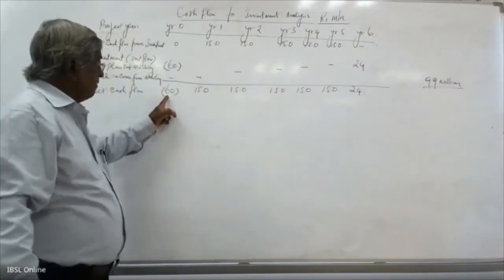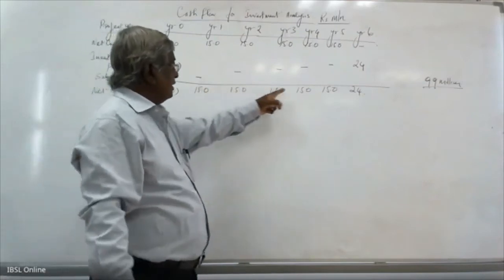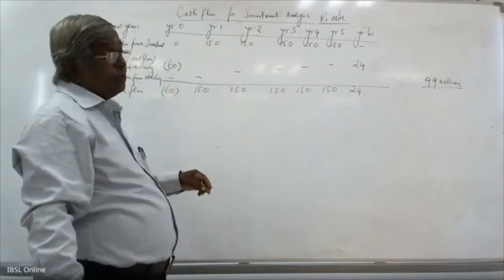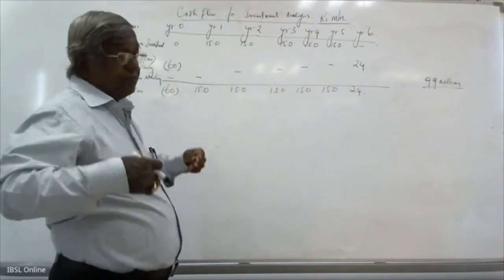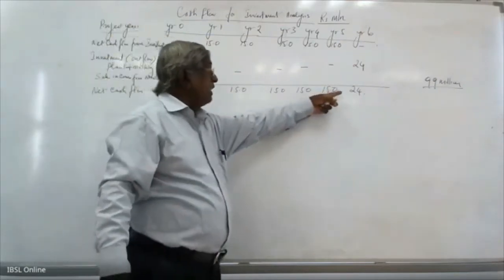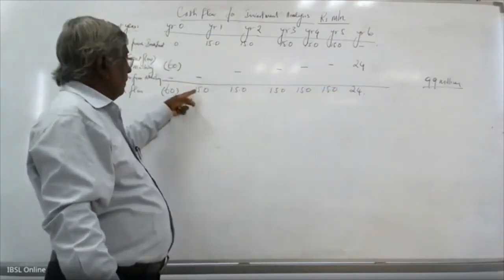So this is the present value, these are future values, and these future values are not equal to this. To see whether it is worthwhile, you must bring all these values to the present value.